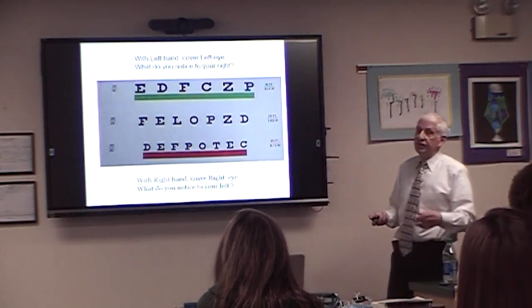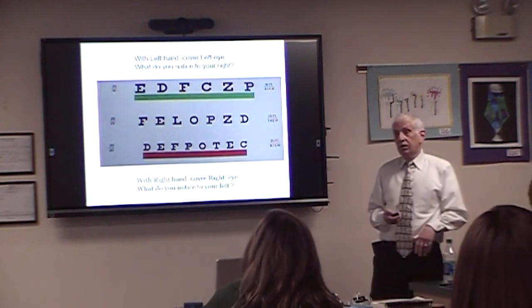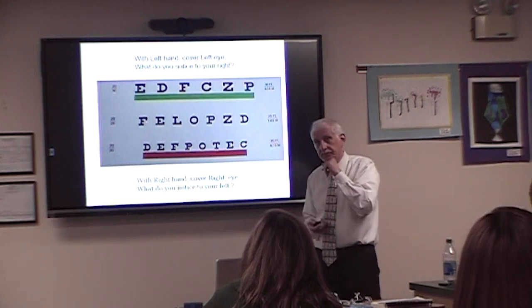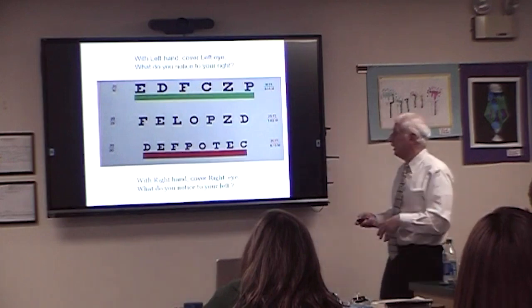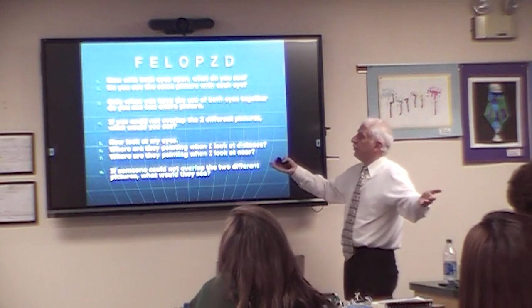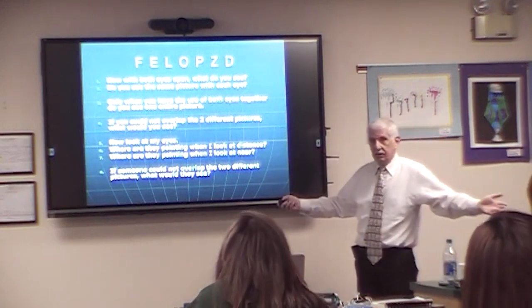Now take your right hand and cover your right eye. What do you notice now? Now I have more vision on this side, and a little bit on this side, right? So now with both eyes open, what do you see? You just see everything, right?